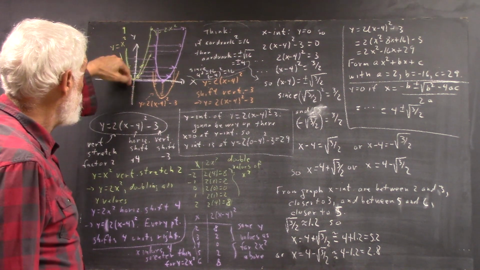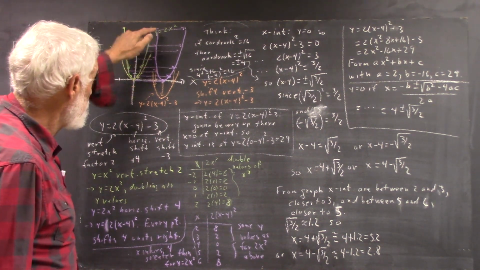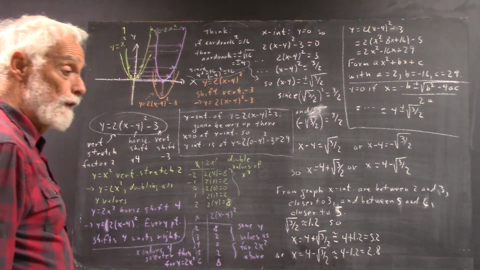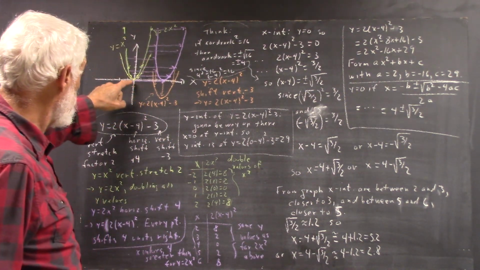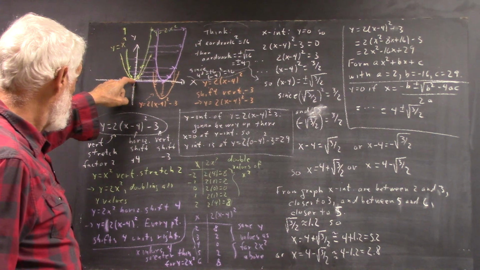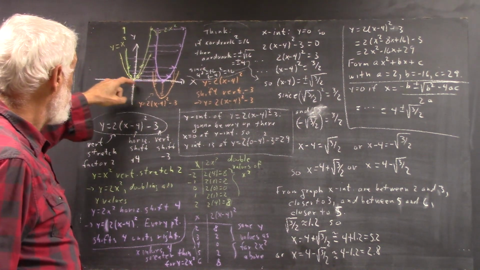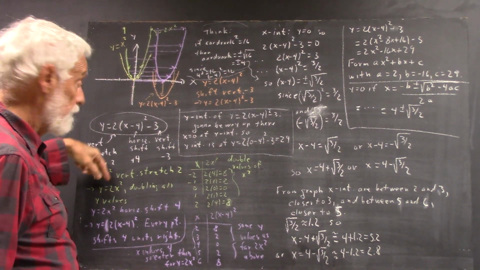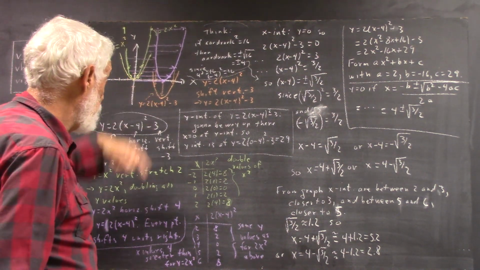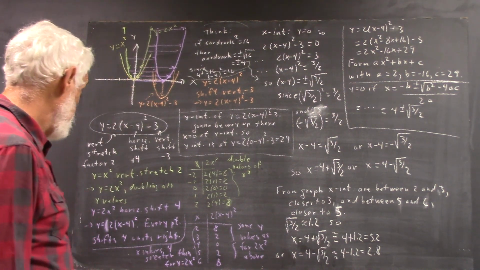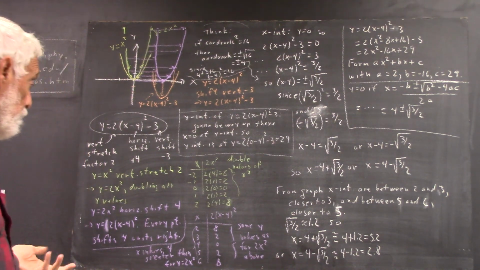Every point of the green graph transforms by moving 4 units horizontally to a point of the purple graph. And in particular, your vertex, which stays the same for the vertical stretch, shifts over 4 units to give you a vertex at (4, 0). And that's important. You want to notice that.